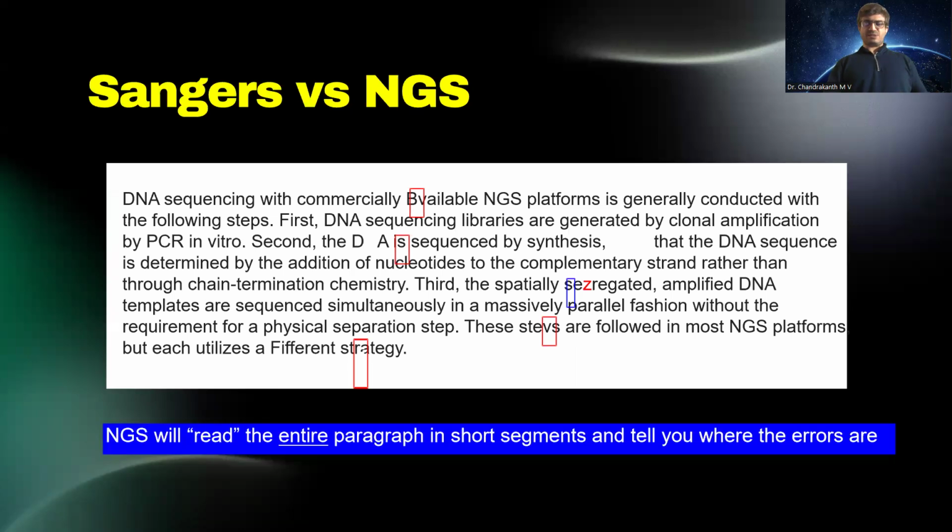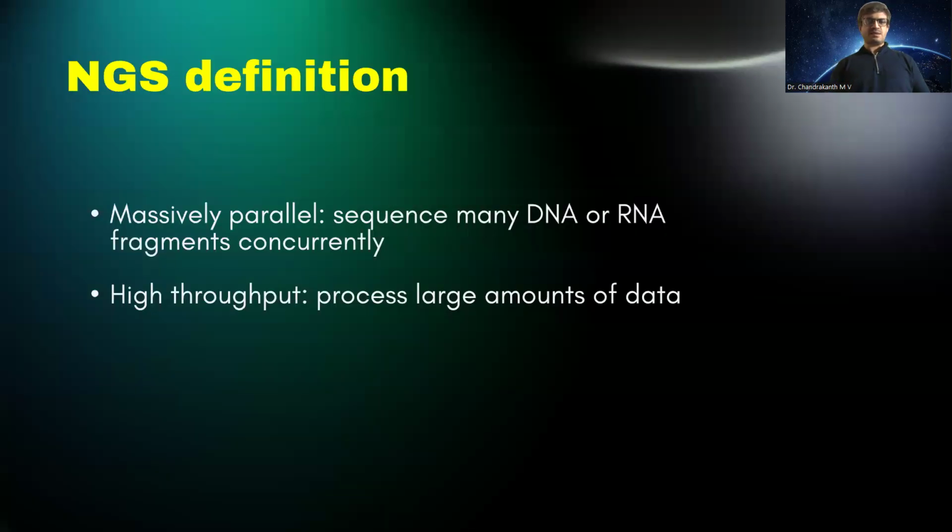This is called NGS. So imagine one single guy reading the whole paragraph, how much time it takes versus dividing the paragraph into multiple lines and multiple parts and asking different individuals to read simultaneously. This is called massive parallel sequencing, and therefore NGS is faster than Sanger's. Right? The classical definition of NGS must include both of these. Massive parallel sequencing.